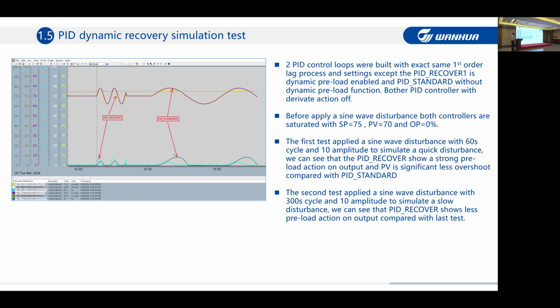Before the test, both controllers are saturated. We set the setpoint at 75 and the PV at 70, and the two controllers are saturated at output 0.